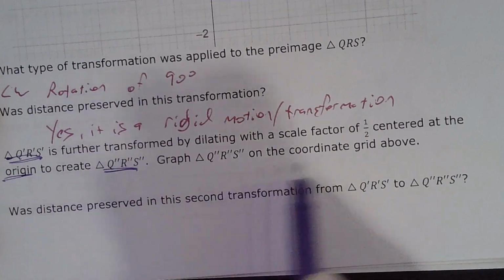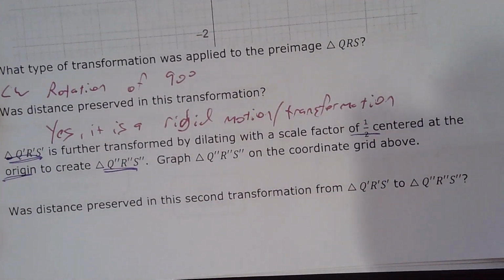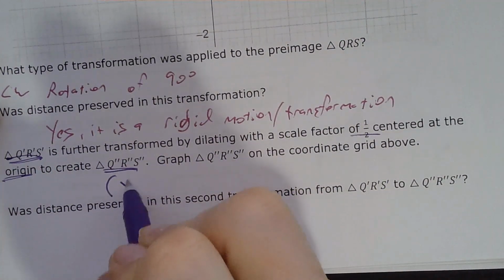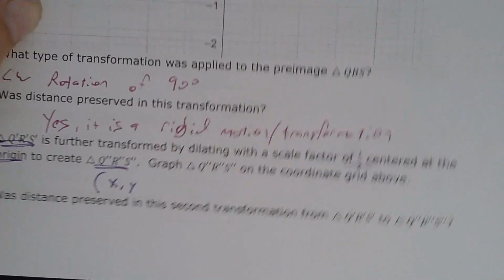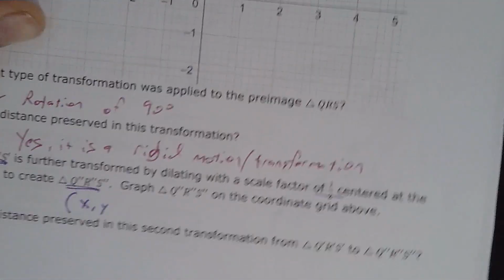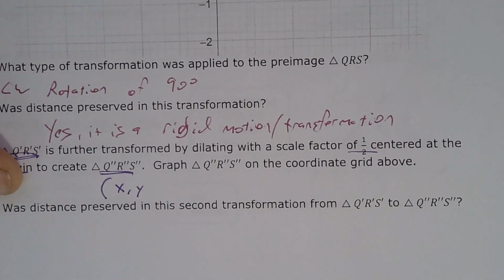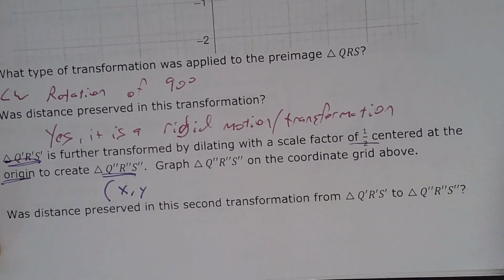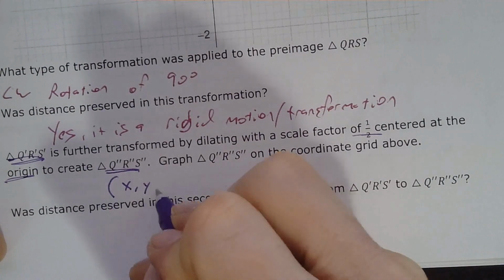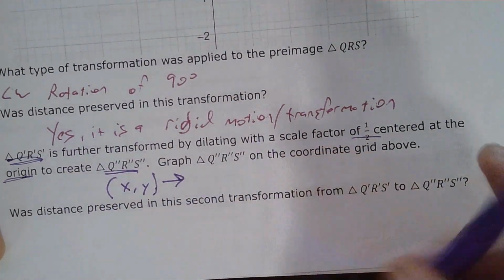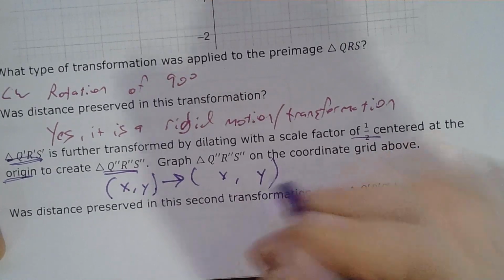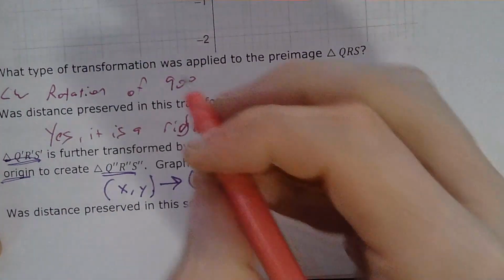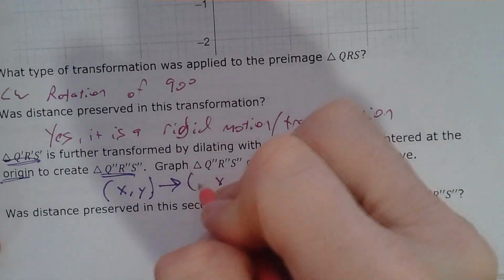And our scale factor is 1/2. So our rule is going to be x comma y, I'll do this in pink, x comma y times 1/2.